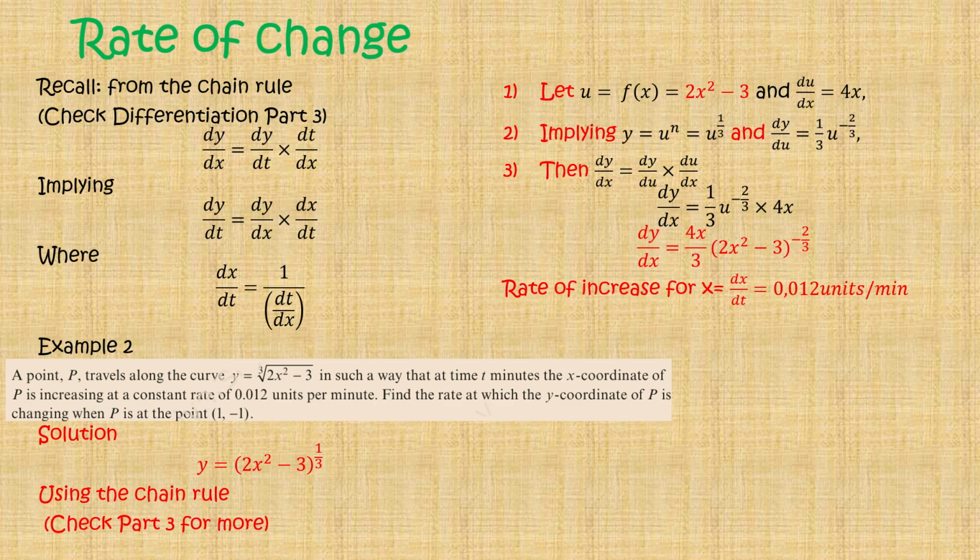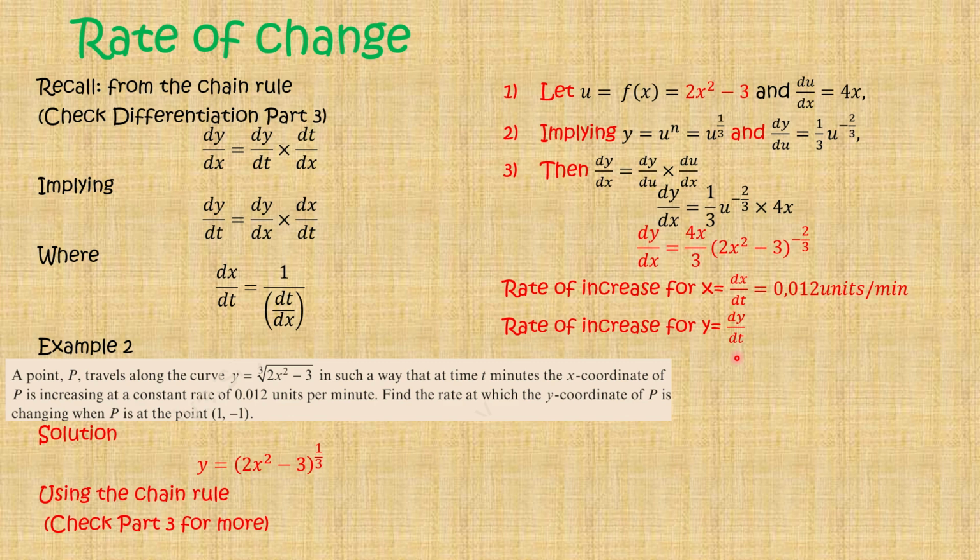Now, you would recall that the rate of increase for x is given as dx/dt, which was 0.012 units per minute. This is what we obtained from the question. And the question requires us to find the rate of change for y, which is dy/dt.